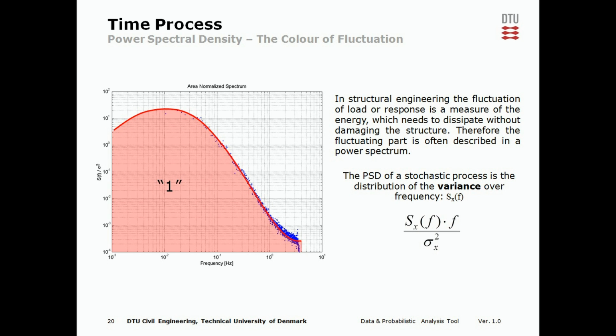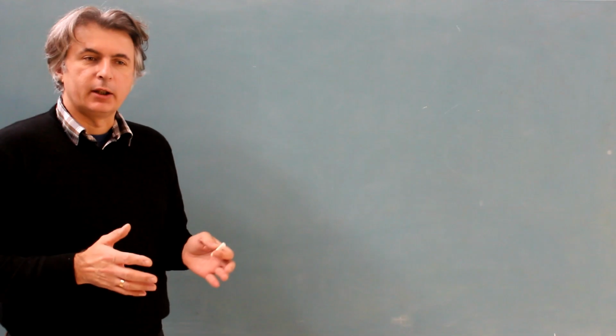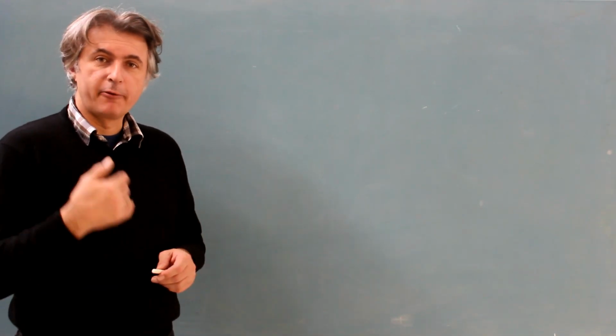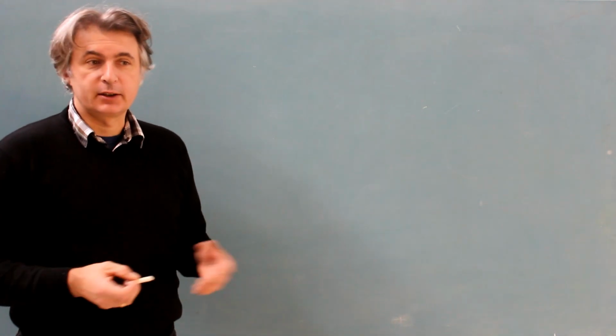So how does that relate to the phenomenon we are dealing with in wind engineering? The decomposition of a stochastic signal into fundamental harmonic waves is the basic principle for any Fourier transform.